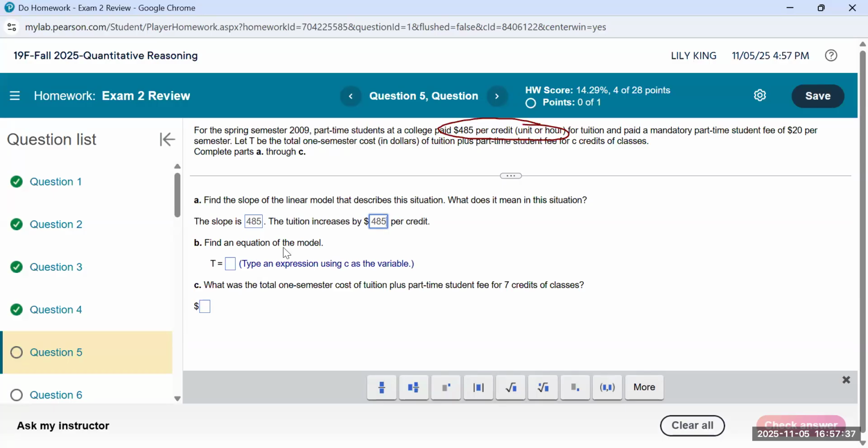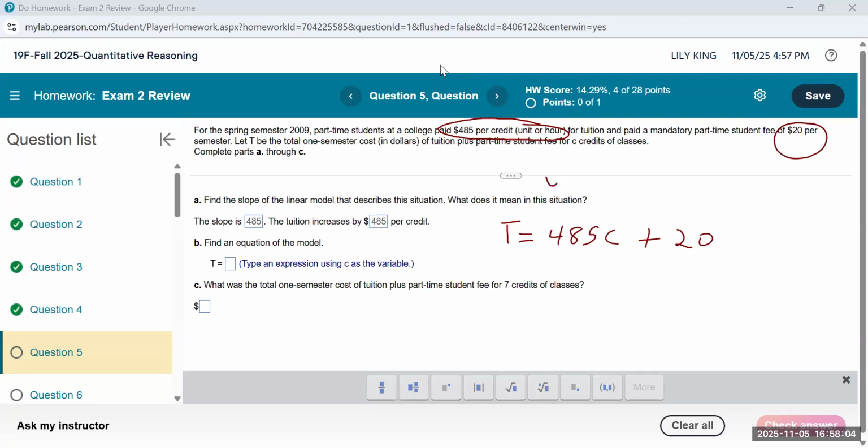Now, in order to construct an equation for the model, we need to know the starting value as well. The starting value is the $20, which is the y-intercept. If you write this equation using c as a variable, t is equal to 485c plus 20.